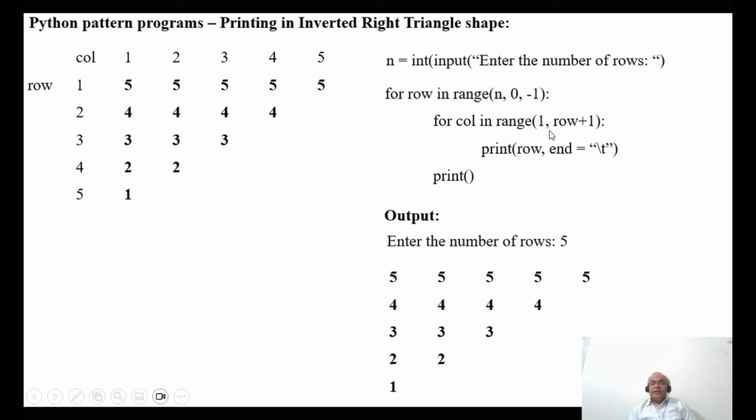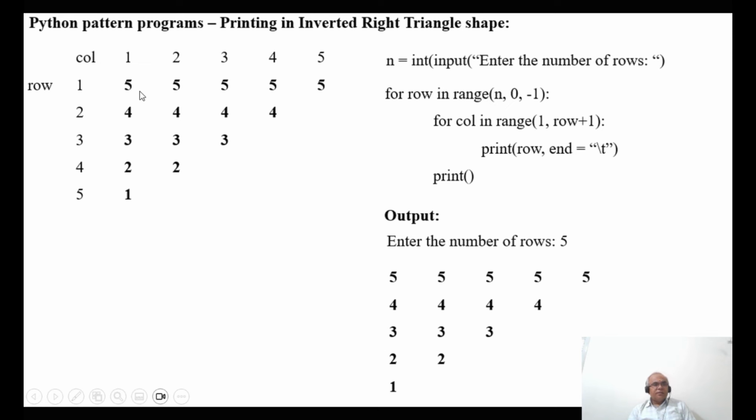Now, first I am going to take 5. Is 5 within 0? The condition is true. Then column will be 1 comma 6. So first I will take the first column. That is the first step, the starting number. So when column becomes 1 and the row is 5, I want to print the row number.